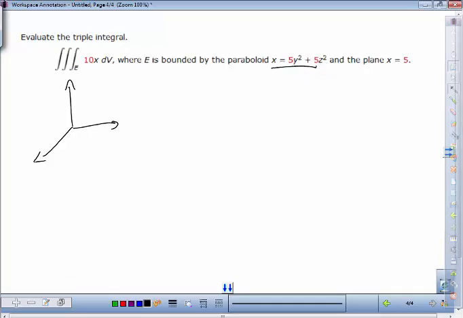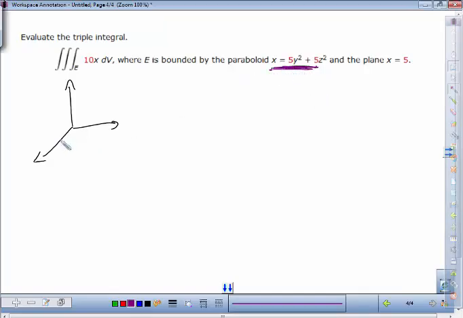This paraboloid, x is equal to something with a y squared and z squared. So now they're both positive, y squared, positive z squared. And this is in the x, so it should be opening up in the x direction. Is it opening up in a positive x or negative x direction? Looks like it should be opening up in a positive x direction, right?